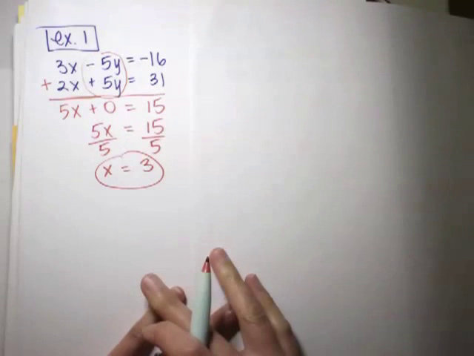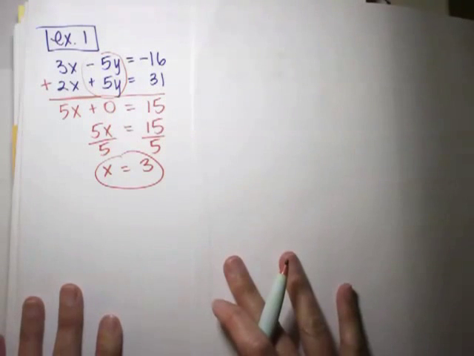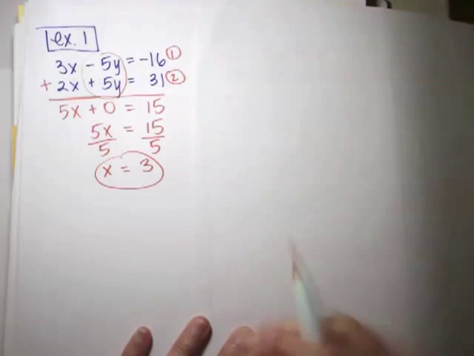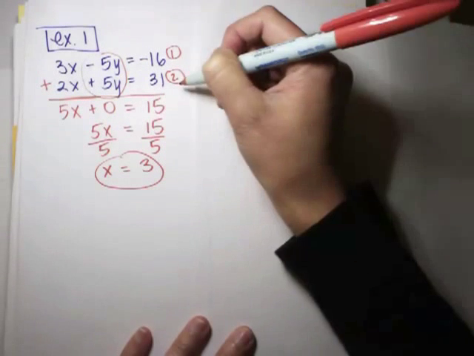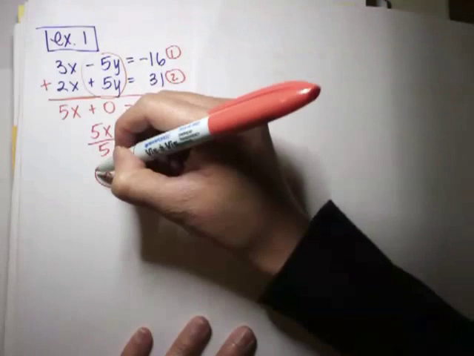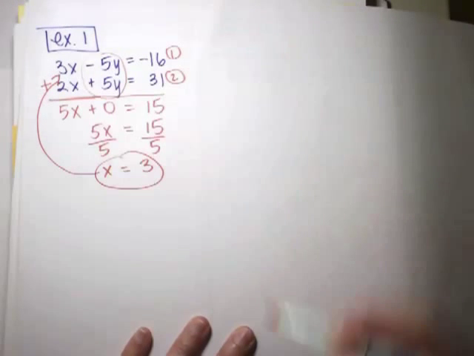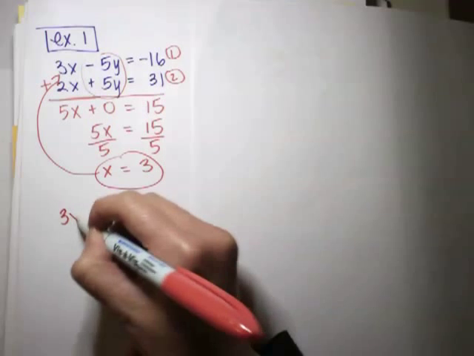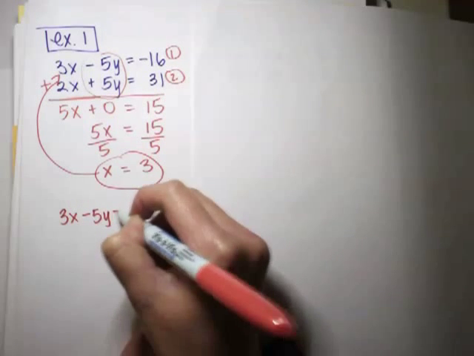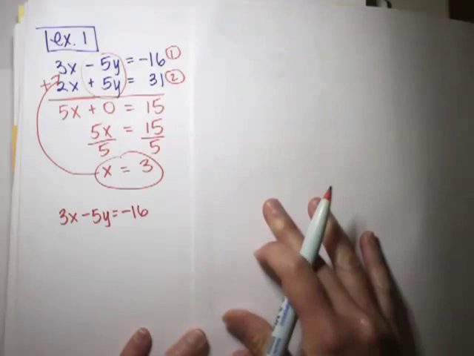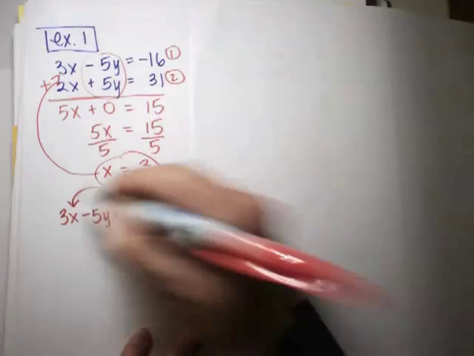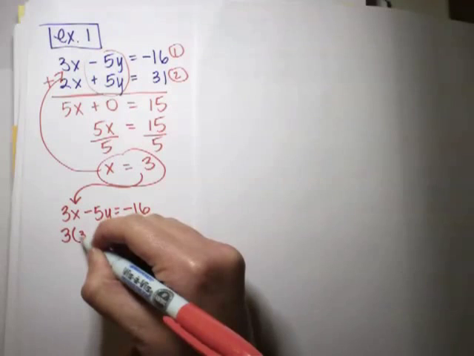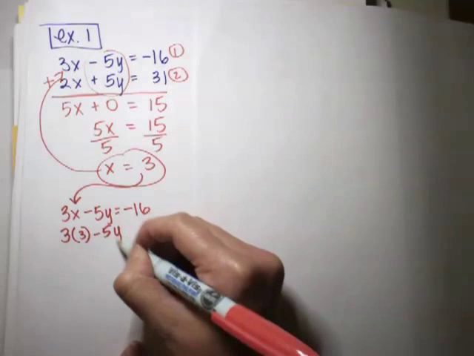Now once you have the value for one of the variables, we want to substitute that back into one of our equations. So let us substitute this back into equation 1. We'll rewrite it down here: 3x minus 5y is equal to negative 16. Substituting in 3 for x, we have 3 times 3 minus 5y is equal to negative 16.